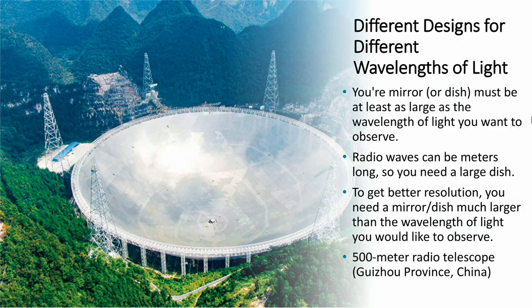So this is the 500-meter radio telescope in China, and so that's 500 meters as the diameter for this dish. And at that scale, it doesn't make sense to use mirrors or glass, so this is just concrete. And the radio waves will bounce off of the concrete or get focused where we want them to get focused.